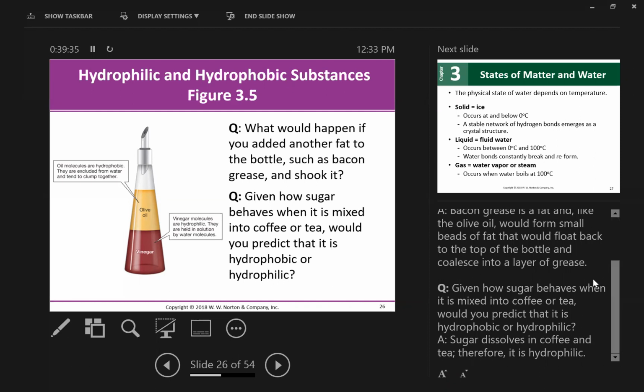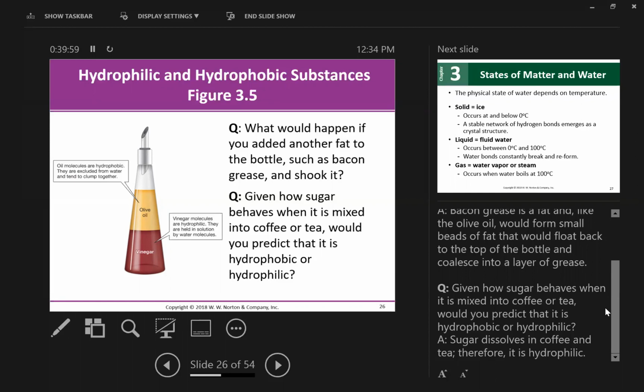Now, given how sugar behaves when it's mixed into coffee or tea, would you predict that it is hydrophobic or hydrophilic? If you believe that it's going to be hydrophilic, you are correct, because the sugar is dissolving inside of the coffee or the tea.